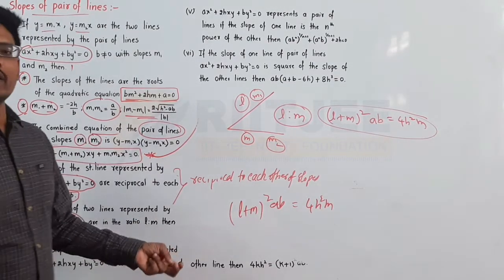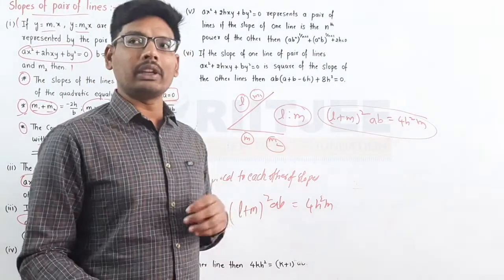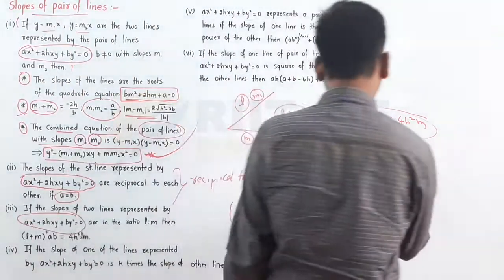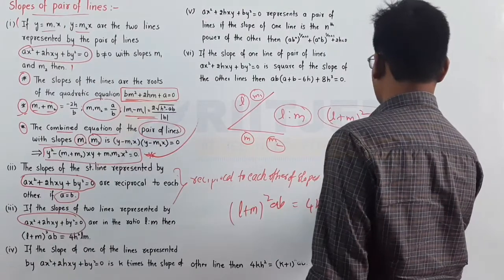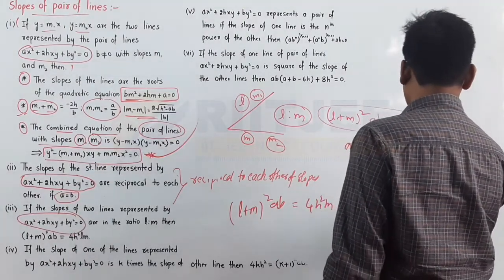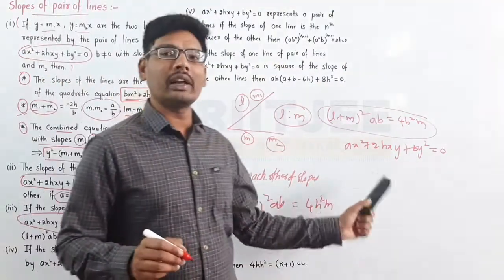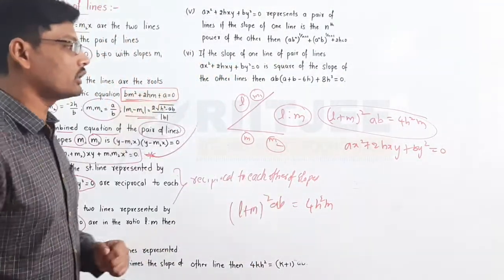This is the point for JW only, not for IP. And the next point is, if the slopes of the lines represented by ax square plus 2hxy plus by square. Remember this is a combination of two lines, the product of two lines L1 is equal to 0 and L2 is equal to 0.